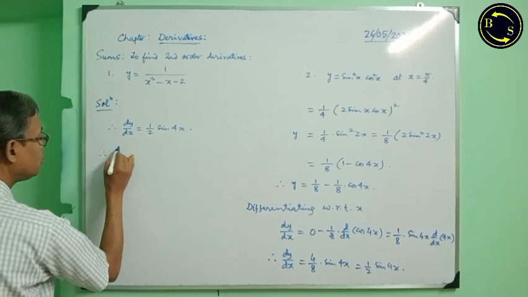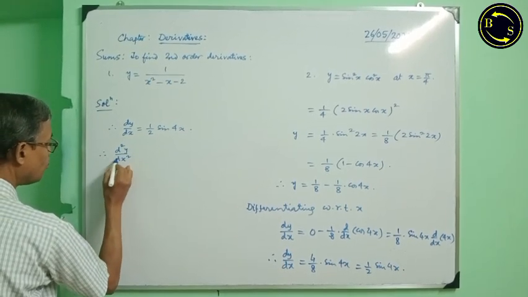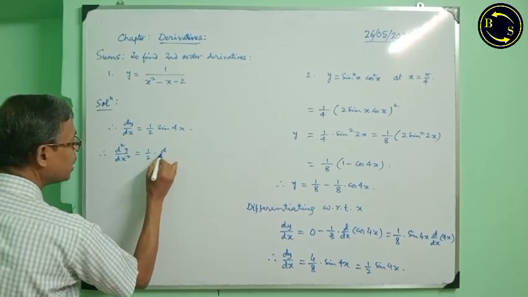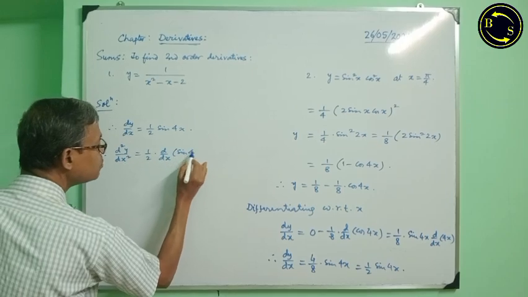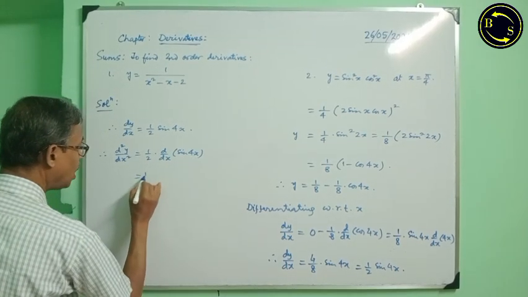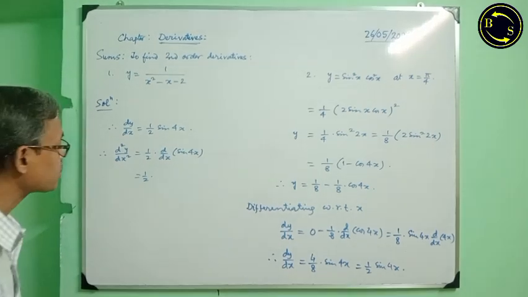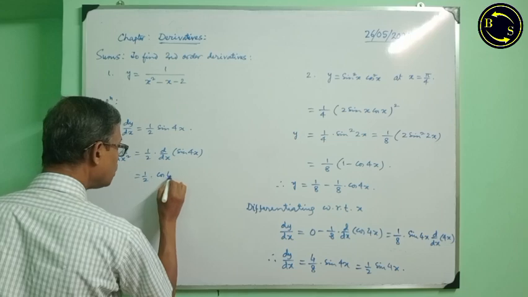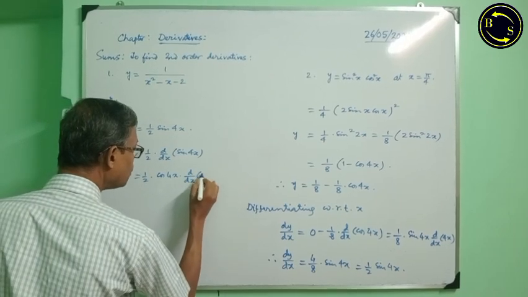Therefore, d2y/dx2 is half d/dx of sin 4x. It is half sin u form, where u equals 4x, therefore the derivative will be cos u, cos 4x into d/dx of 4x.